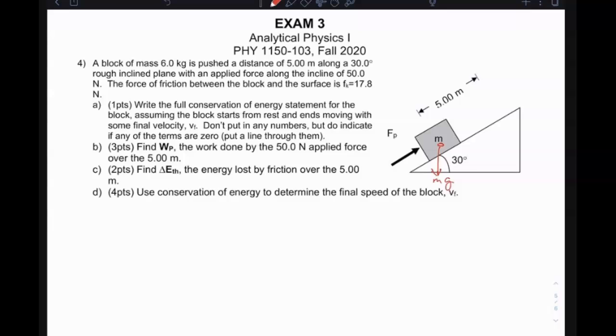And we also have a friction force that's given. And since the block is moving up the incline, the friction force is going to be in the opposite direction as the pushing force.